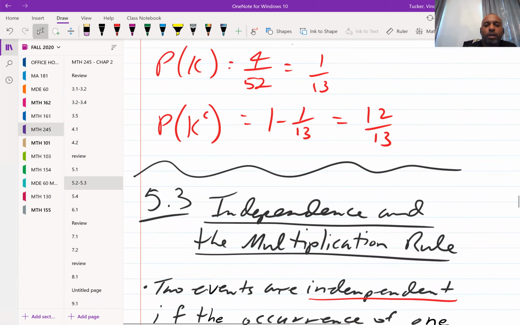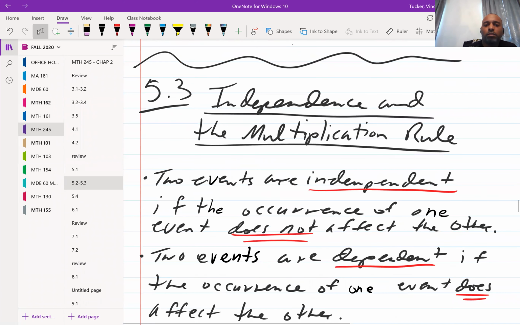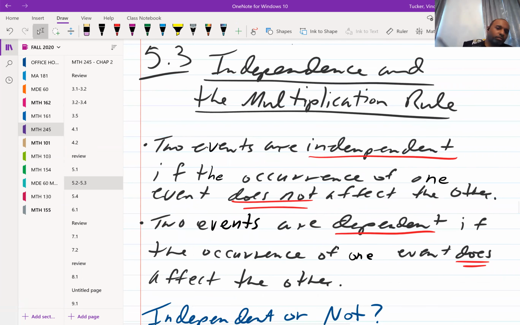All right, so let's look at 5.3. So we're looking at 5.3, independence and the multiplication rule. Two events are independent if the occurrence of one event does not affect the other. And two events are dependent if the occurrence of one event does affect the other.